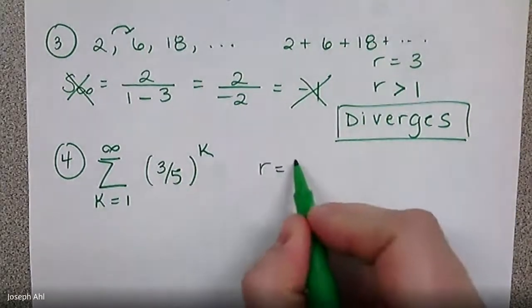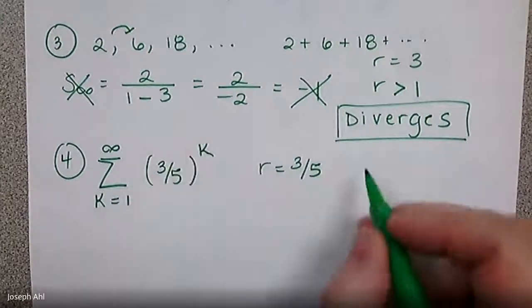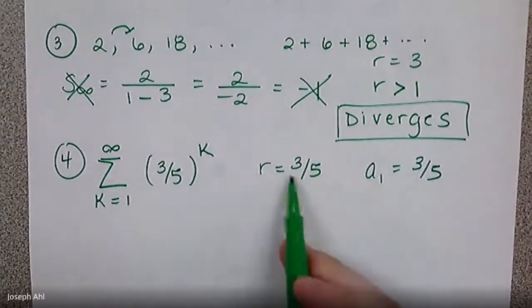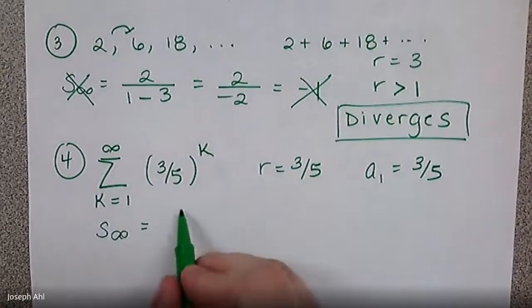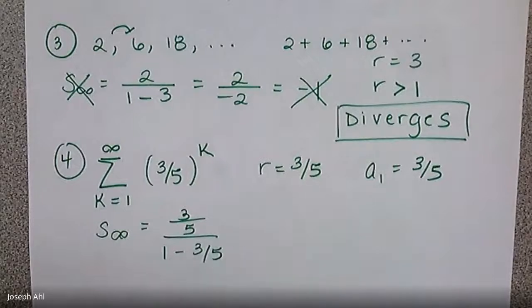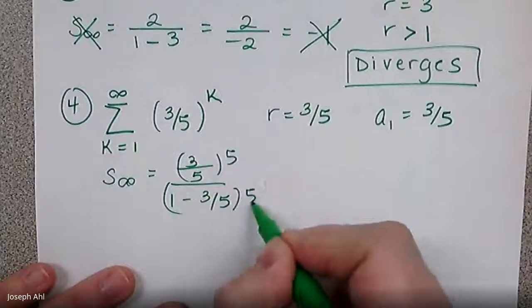So we know the ratio is 3/5. And in fact, when I plug in 1 for k, the first term is also 3/5. So given the ratio and given the value of A1, the infinite sum is (3/5) over (1 minus 3/5), which I can clean up by, let's see, LCD is 5 here, multiply the top and bottom by 5.